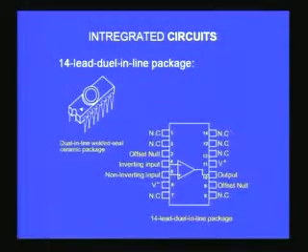You have other packaging schemes also available. For example, here is a 14 lead dual inline package. When you come to digital electronics, for example, you will come across several such devices. All of them have 7 on one side and another 7 on the other side. 14 pin dual package, you have 16 pin, you have several others, 40 pin and things like that, for different types of circuits.